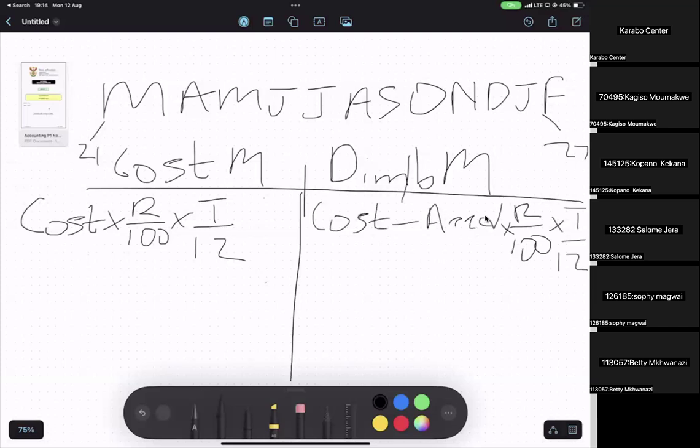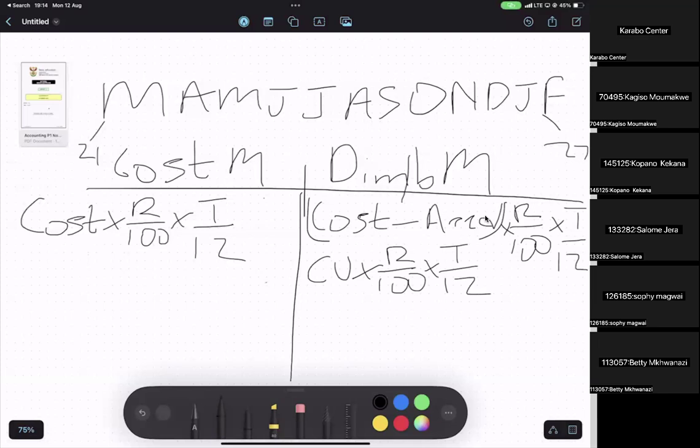On its own, cost minus accumulated depreciation gives us carrying value. So meaning the diminishing balance method, you can also write it as carrying value times R over 100 times T over 12.